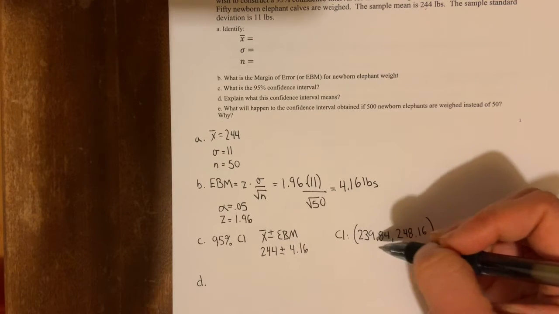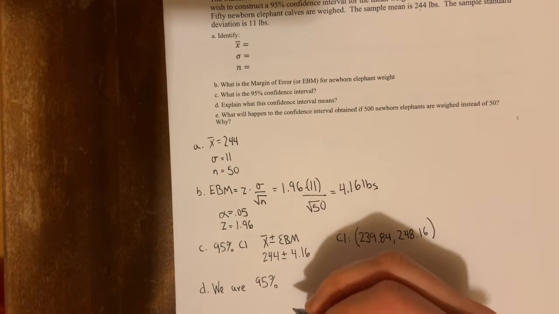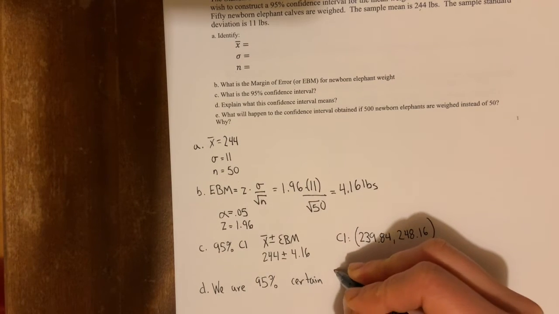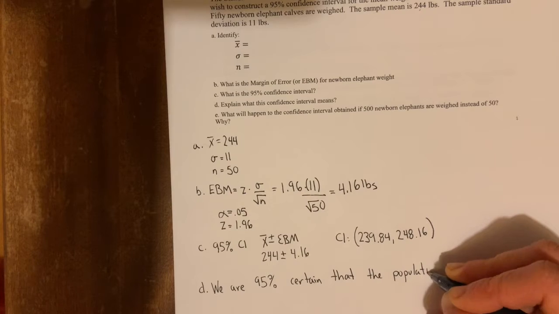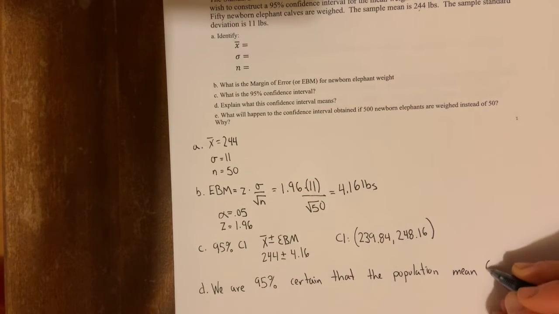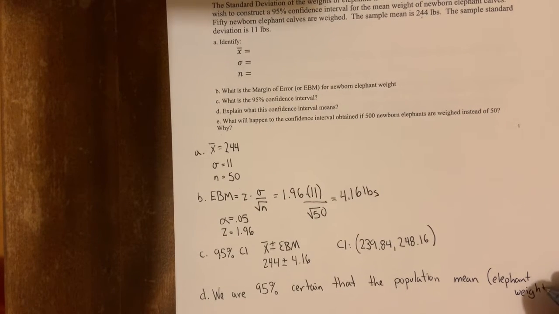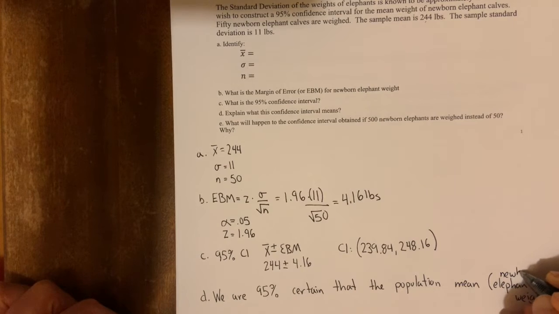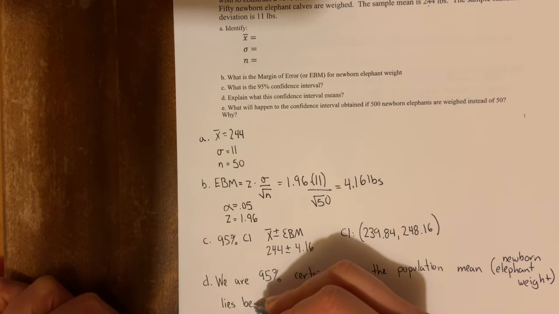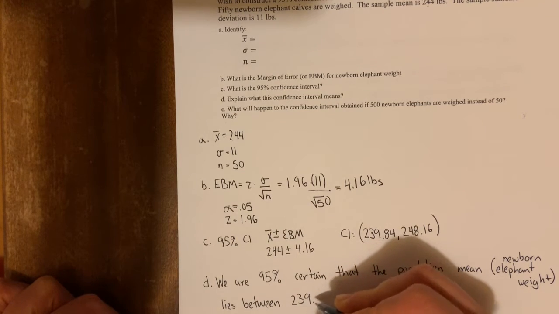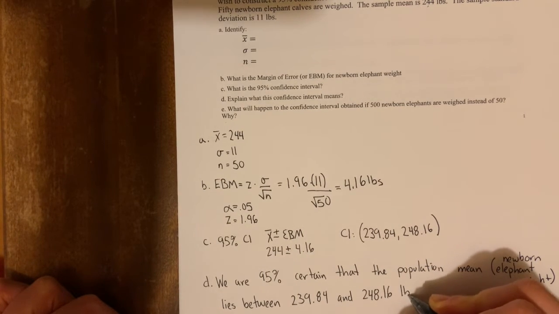So if this is our confidence interval right here, that means we are 95% certain that the population mean, which in this case is newborn elephant weight, lies between 239.84 and 248.16 pounds.